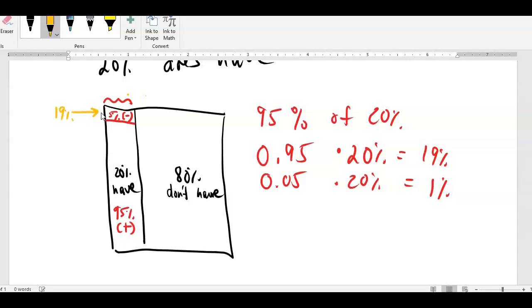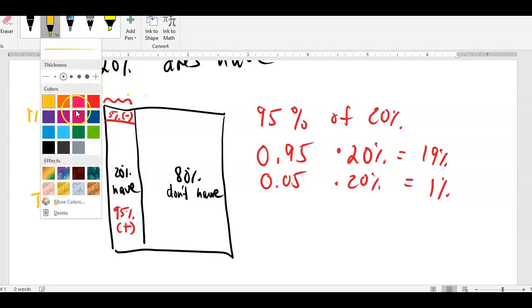So of the 20% of the people who have COVID, 19% of them, the 19% was down here. 19% of them will test positive as they should. So it's a true positive. But 1% of the people who have COVID, the 5% of the 20%, 1% of them will test negative. So they have it, but the test was negative. So it's a false negative.